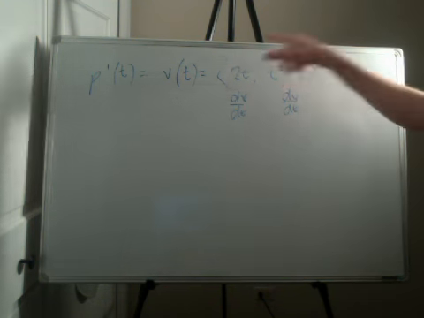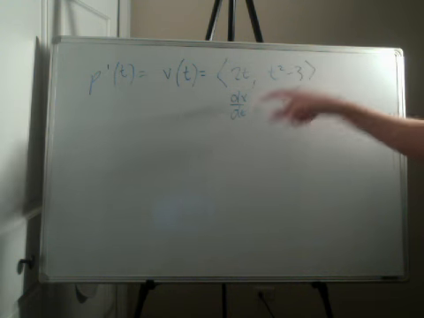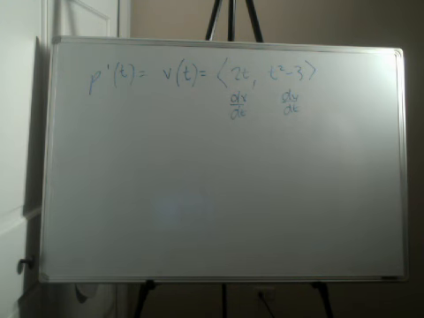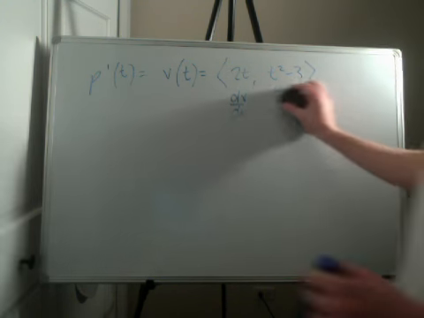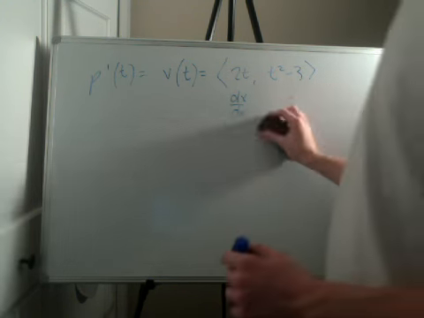And because this is in terms of x, this is in terms of y, this is like dx dt, and this is like dy dt. So because of that, we can find acceleration by saying that acceleration, a of t, equals the derivative of v of t, which equals 2t, like that.